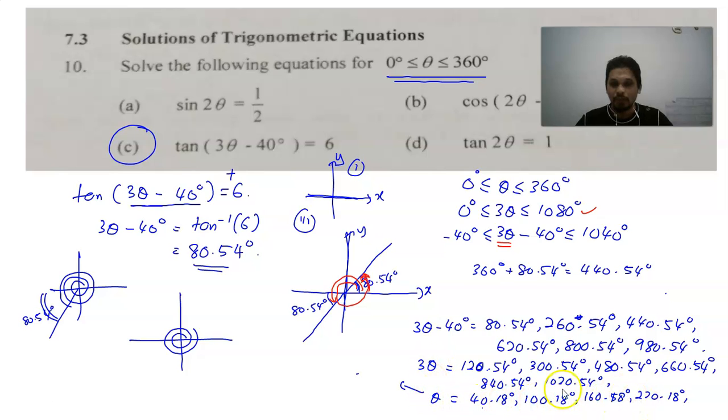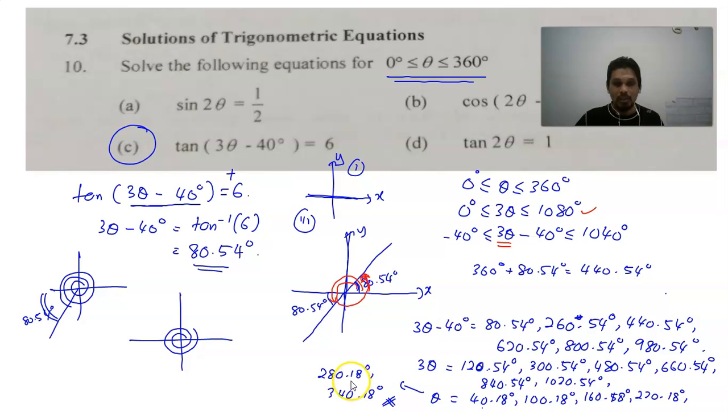The fifth one, because I have not enough space here, which is 840.54 divided by 3 equal to 280.18 degree, and then 1020.54 divided by 3 equal to 340.18 degree.